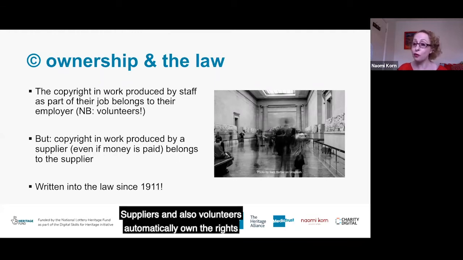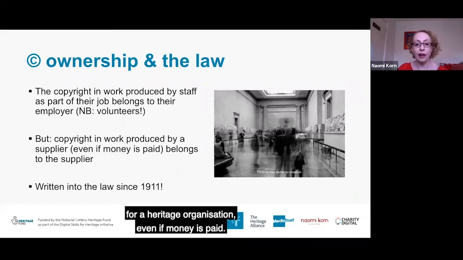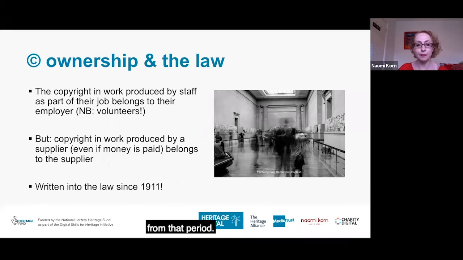Suppliers and also volunteers automatically own the rights in what they do for an organisation, for a heritage organisation, even if money is paid. And actually that status, particularly of employees, has been written into the legislation since 1911, as manifested in the Copyright Act from that period.